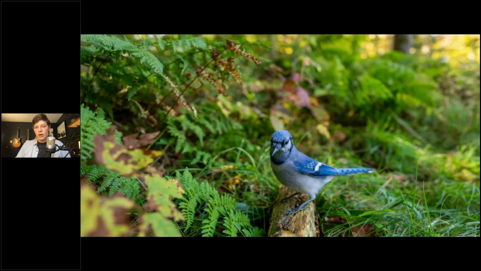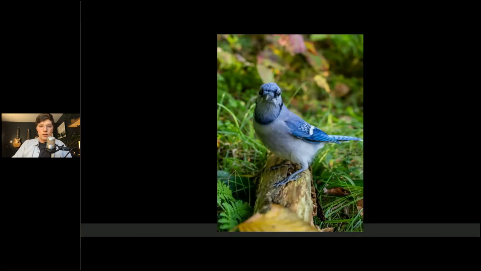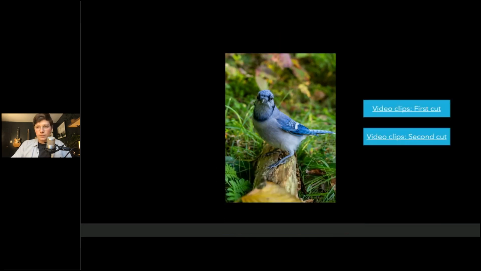Once you know the birds are always landing on this particular twig, or you studied the tracks in the snow and figured out exactly where they're moving through, then you can hone in and use a longer lens to tell a little bit of a different story.